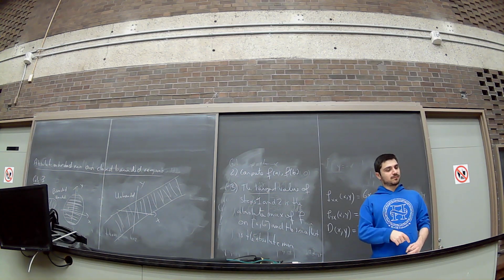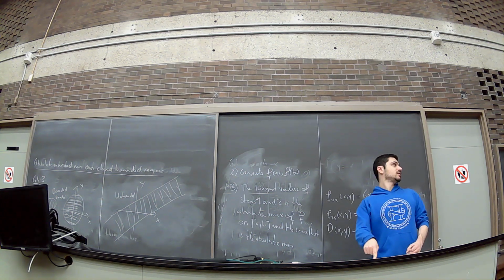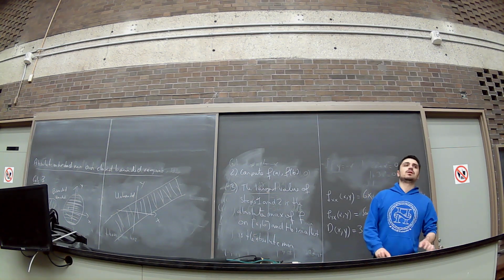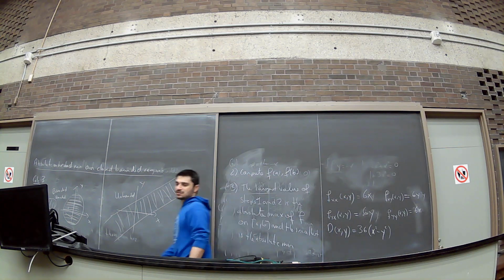What is the distance from a point on the disk to the origin? R, exactly, the radius. Now, what is the largest distance between two points here? Diameter, right?